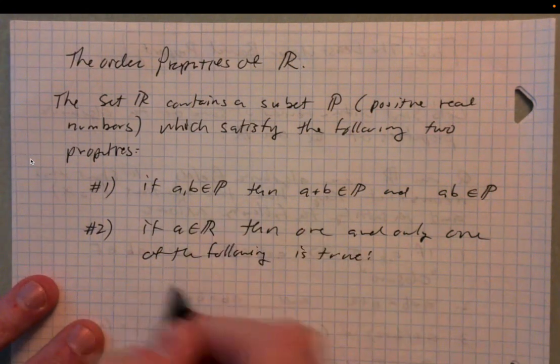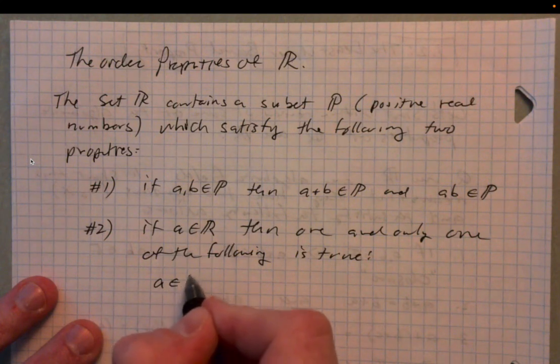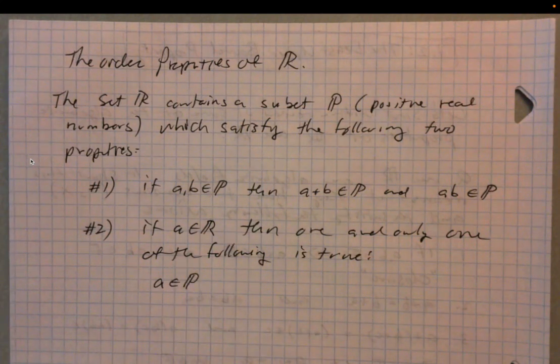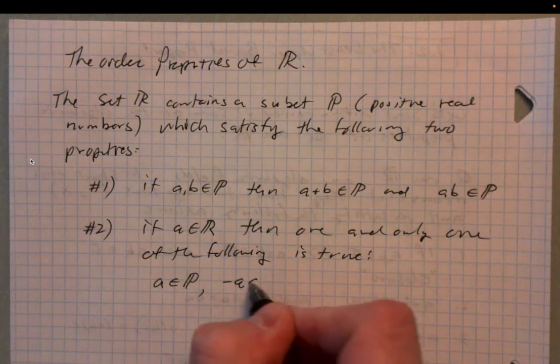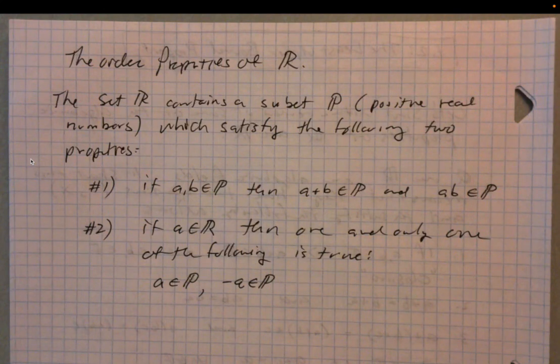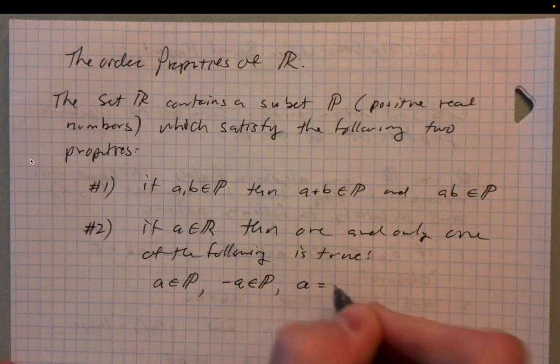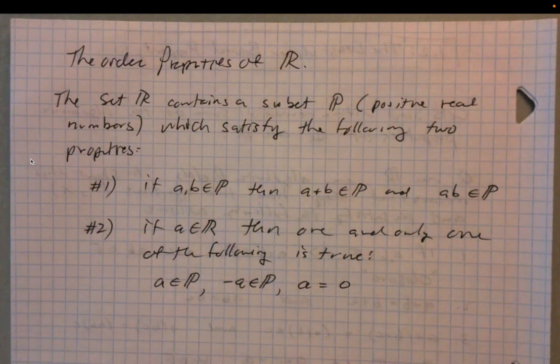So first of all, if A is a real number, A could be a positive real number, meaning A is in P. It's also possible that negative A could be a positive real number, meaning that, of course, A is not in P. If A is not in P, then negative A may be in P. The third option is that A equals 0. Okay. All right, so if A is a real number, then it's either positive, or its additive inverse is positive, or it's 0.